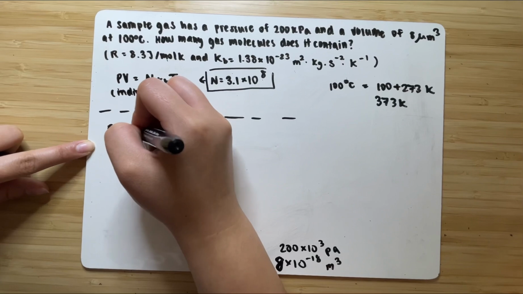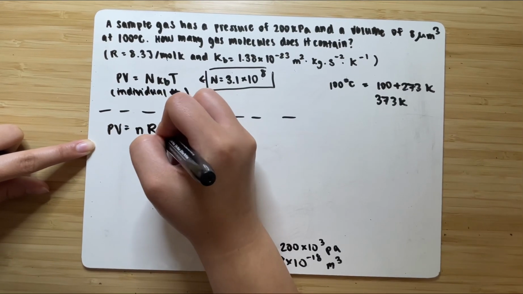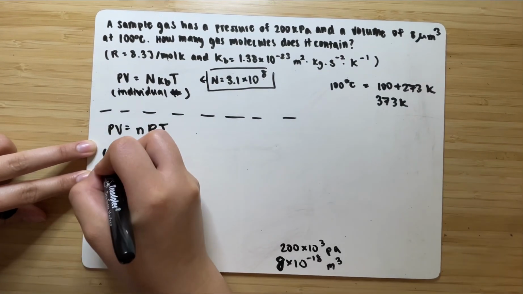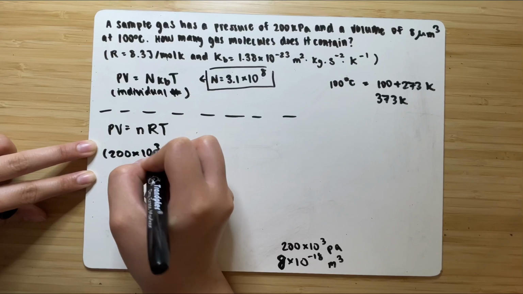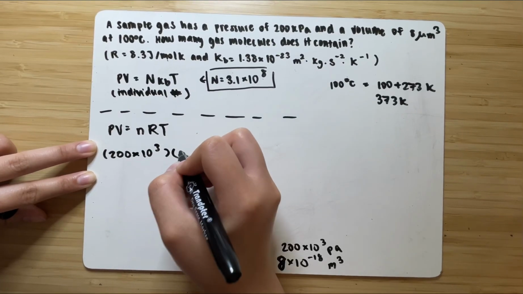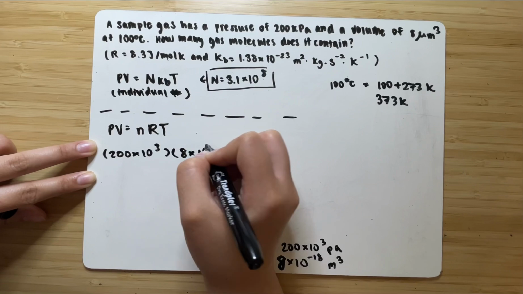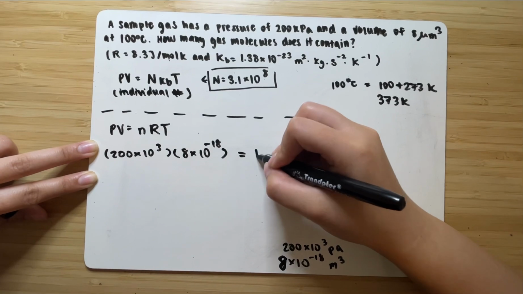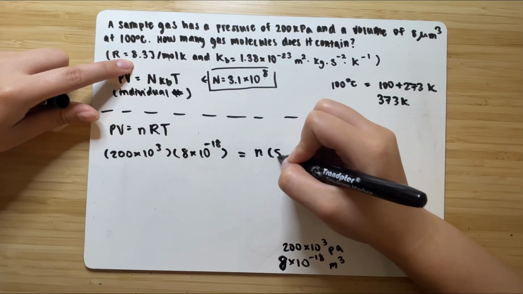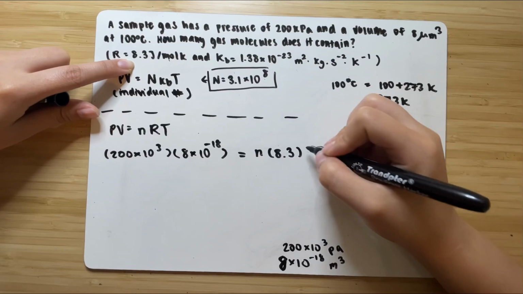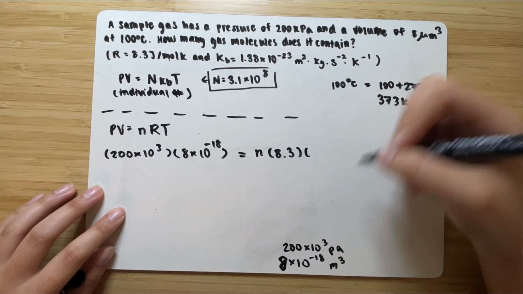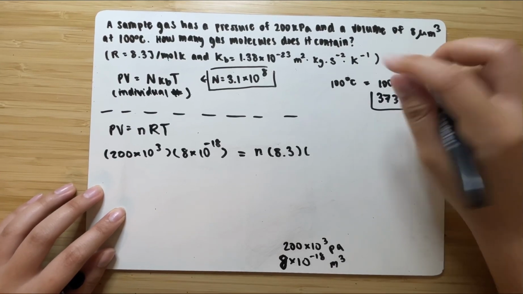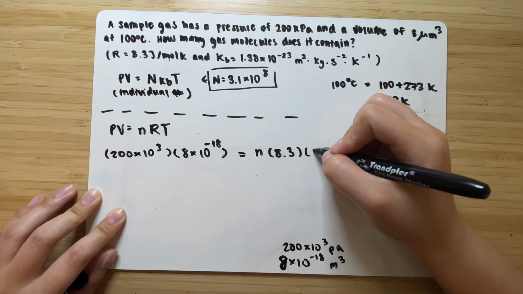PV is going to equal little n, which stands for moles, times R times T. So PV, we know that it is 200 times 10 to the third power multiplied by 8 times 10 to the negative 18 power, equaling n, which is the number of moles, times R, which says right here that it's 8.3, times T, which is here, 373.